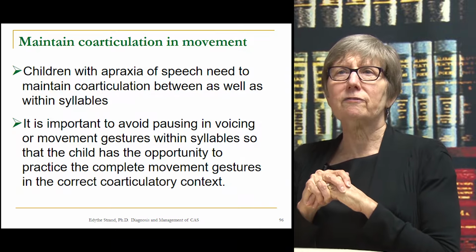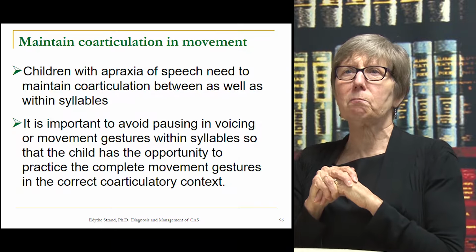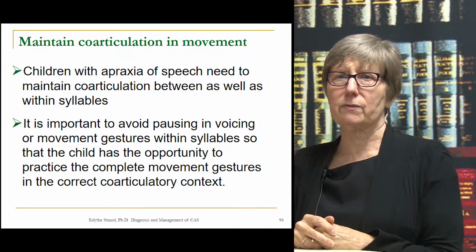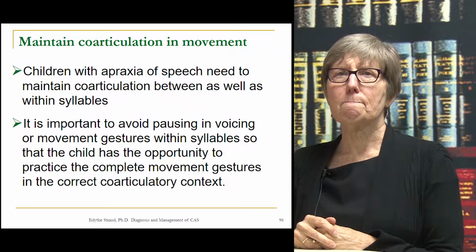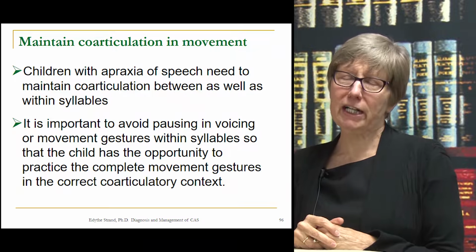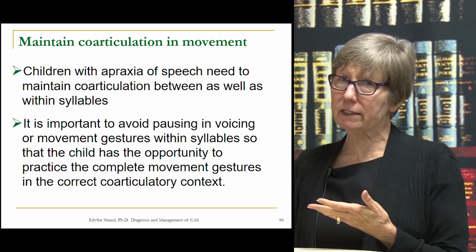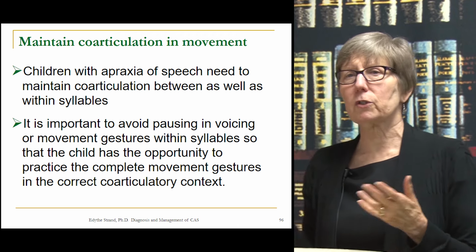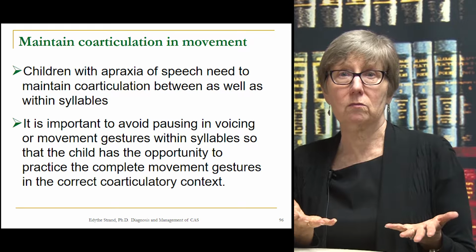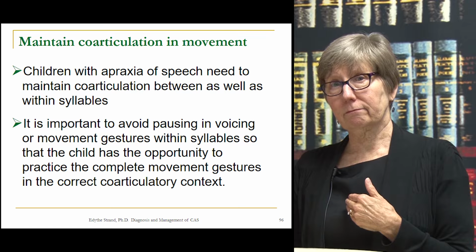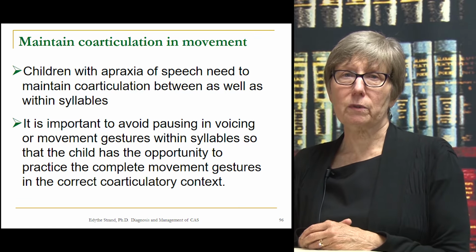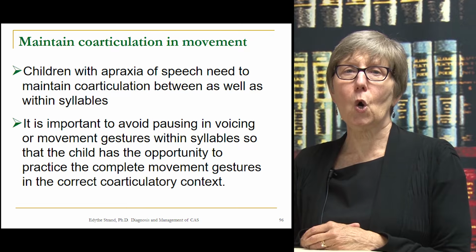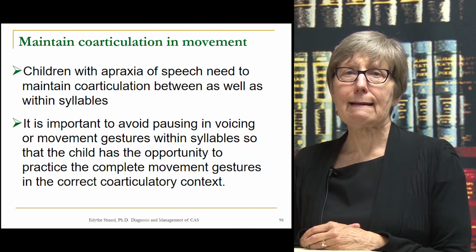Look, I want you to think about this too. The movement for the bilabial voiced plosive is this, right? But look at how it changes when we change the co-articulatory context. I'm going to say the words bow and bee. I'll say the first one first. Bow, bee.